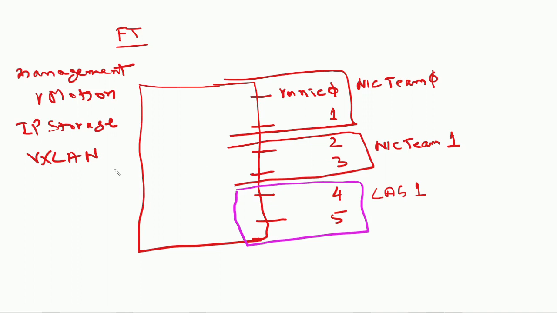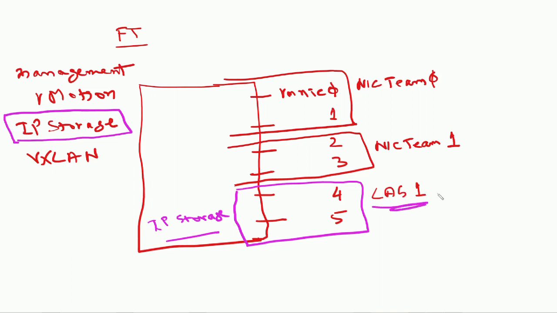Okay, now IP storage, it's a good idea to have it on a separate network, right? I've drawn this in purple. So I might say I want to assign IP storage to this lag bundle, which means that upstream you need VPCs or MLAGs.